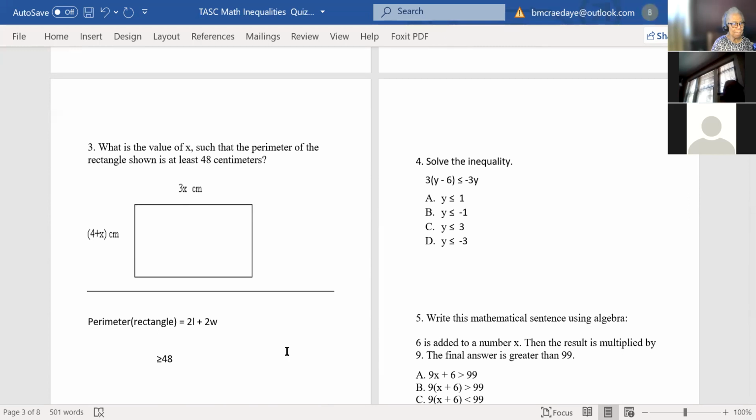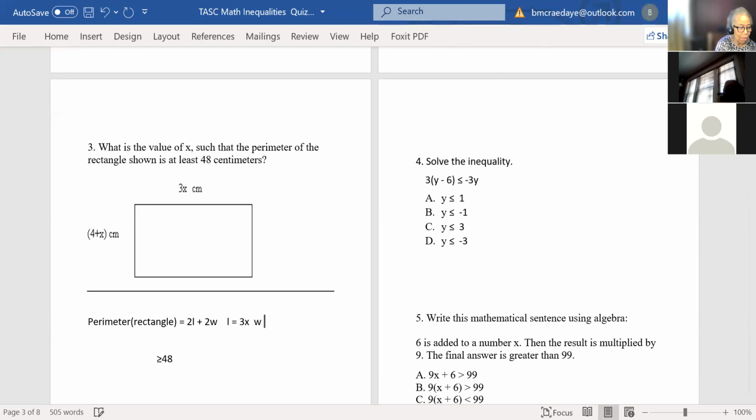Let's just put length to make it easier. Length equals 3x.